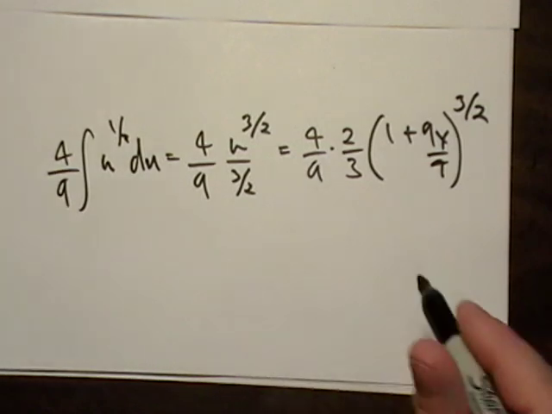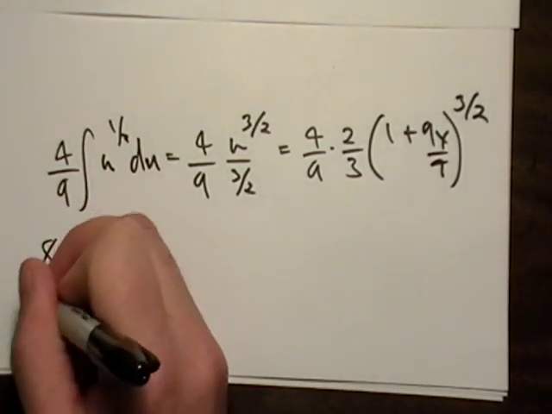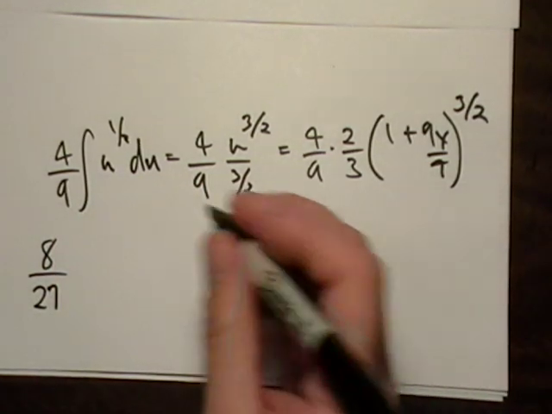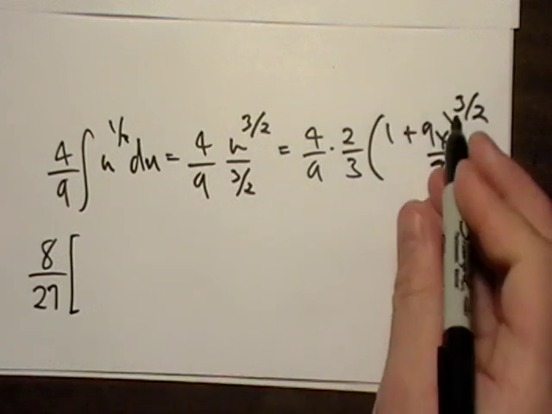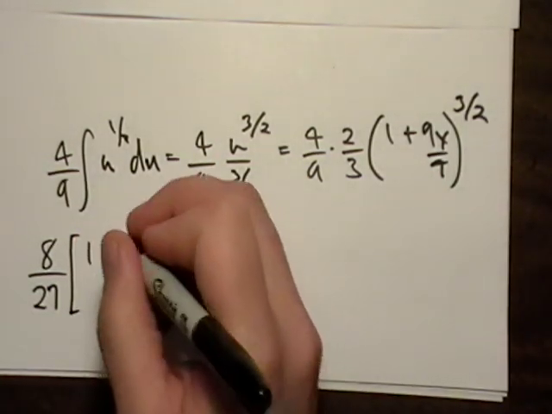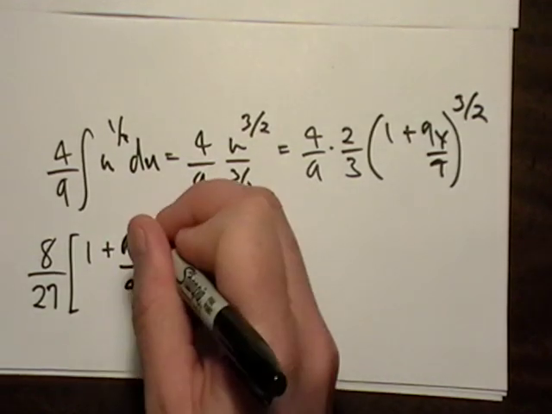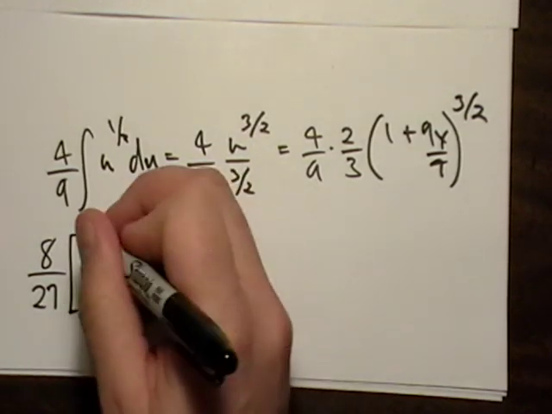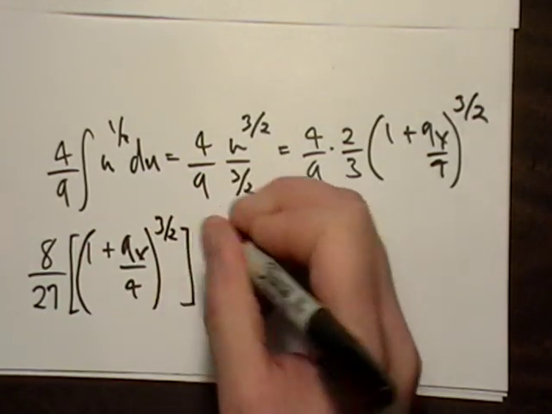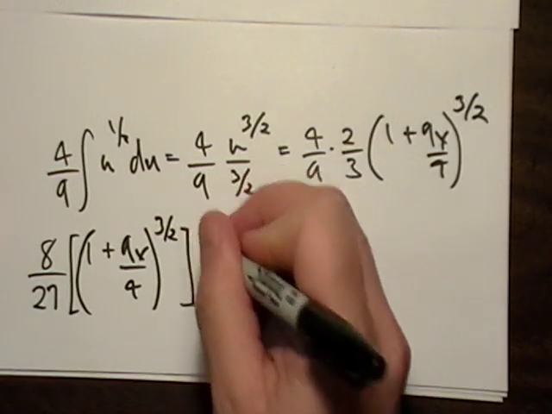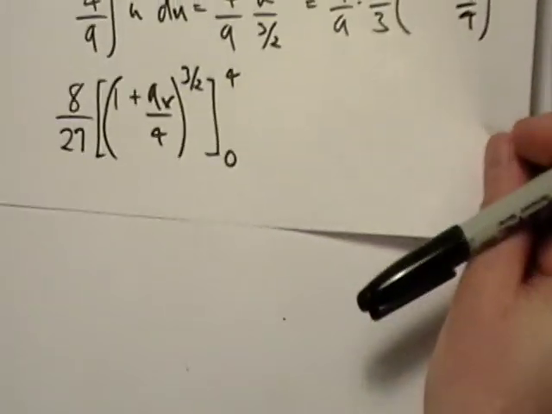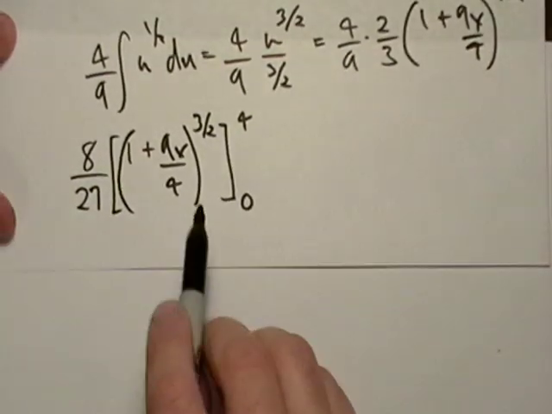This is just going to be 8/27 times 1 plus 9x over 4 to the 3/2, and we're evaluating from 0 to 4. And there I go, running out of paper again. Didn't really budget that too well.